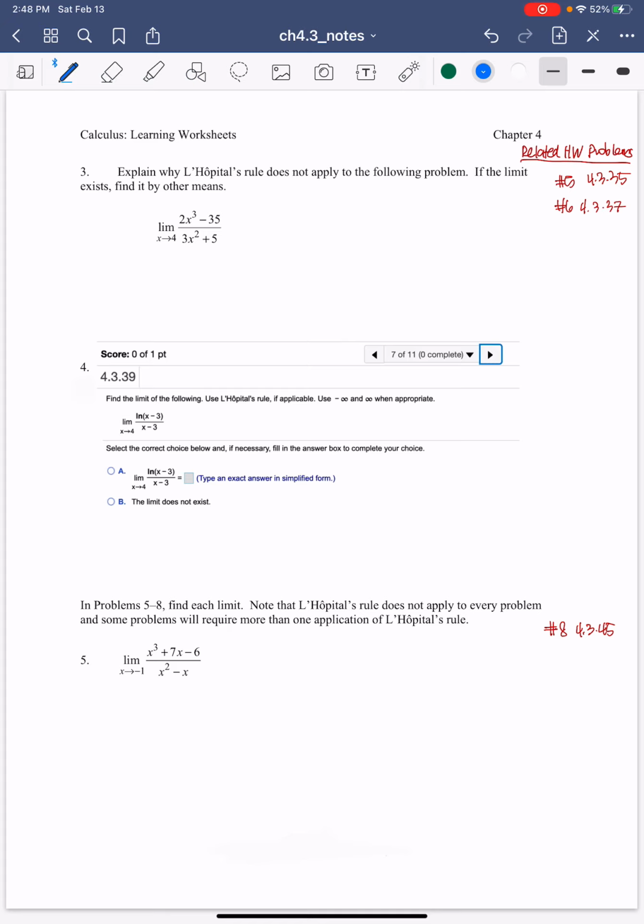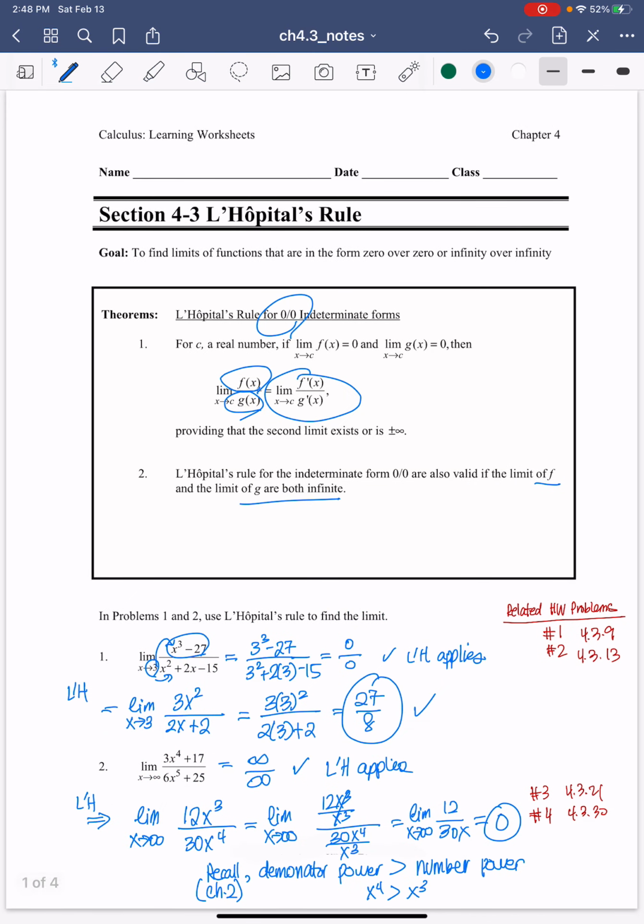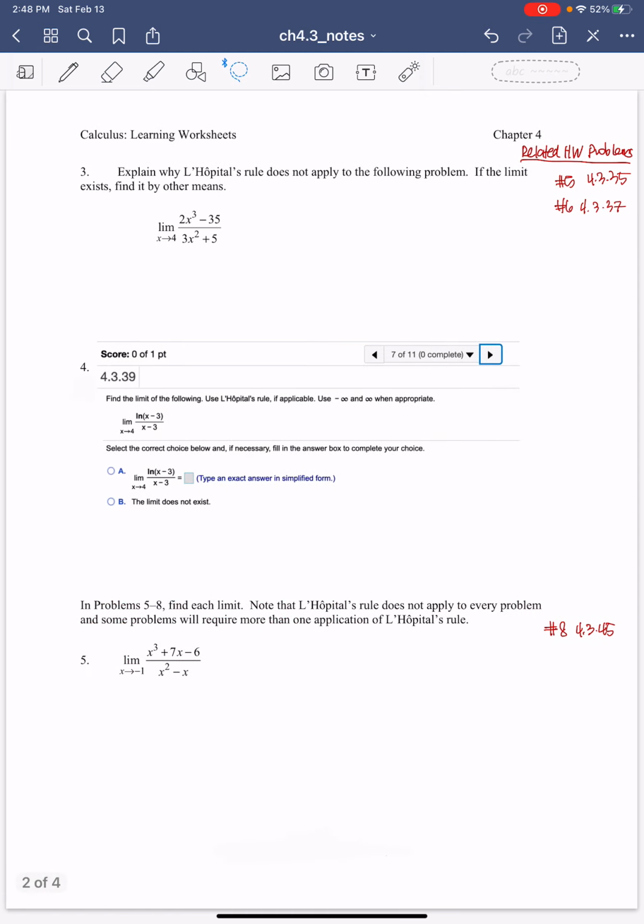Explain why L'Hopital's rule does not apply to the following problem. If the limit exists, find it by other means. So here, we would apply it if we have an indeterminate form, 0 over 0 or infinity over infinity. If I apply the number 4 into each numerator and denominator, then I'm going to get 2 to the fourth power, raised to the third, minus 35 over 3 times 4 squared plus 5.